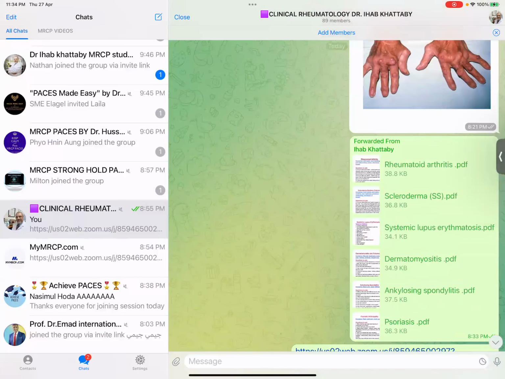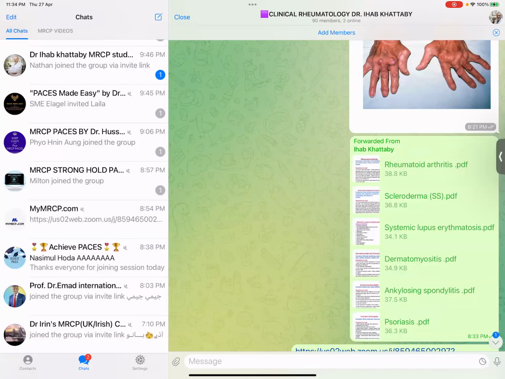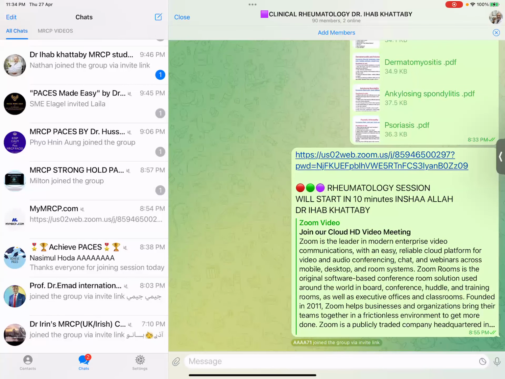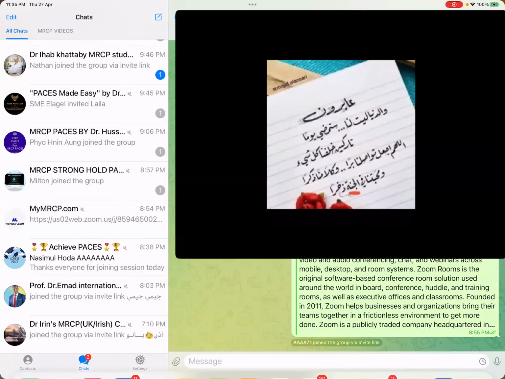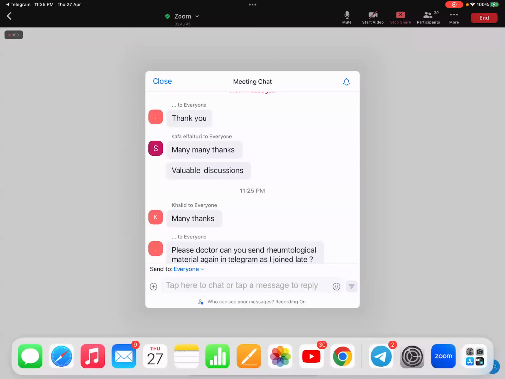Here you will find rheumatoid arthritis, scleroderma, systemic lupus erythematosus, dermatomyositis, ankylosing spondylitis, and psoriatic arthritis. If you read this for the exam, one day of revision, what is at the top of the list? Rheumatoid arthritis and scleroderma. I hope this is clear and easy to approach. If you have any problem, tell me and I will re-upload.